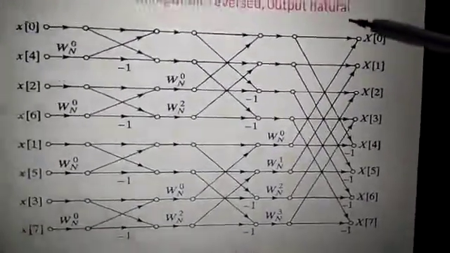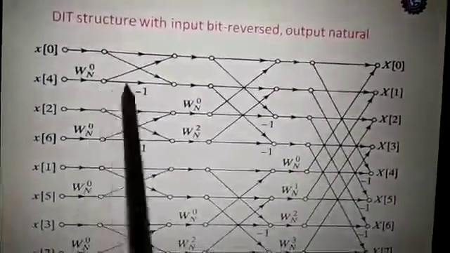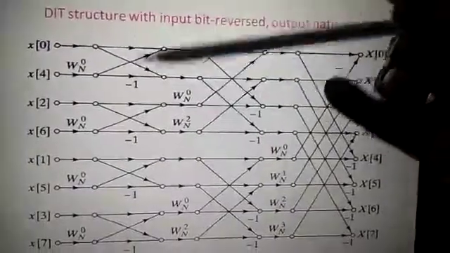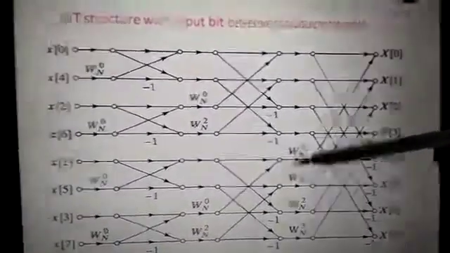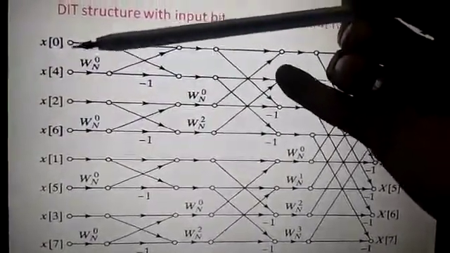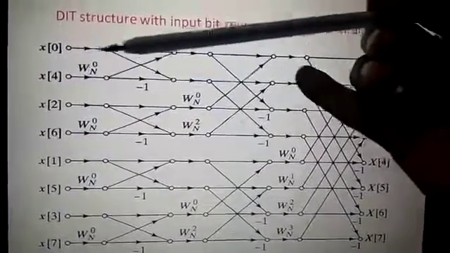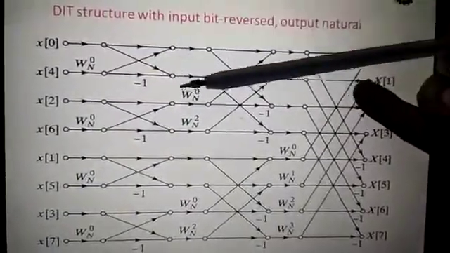So while going to the numerical of this particular structure, you can observe this is the first stage, this is the second stage, and this is the third stage. In the first stage, x of 0 and x of 4 are the two lines shown here, and this is the cross multiplication.